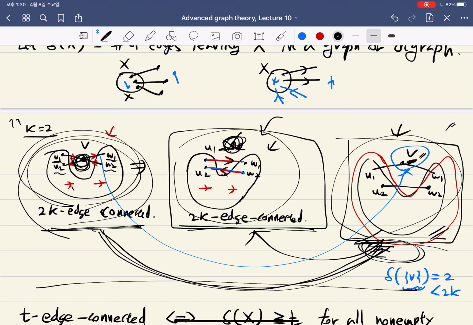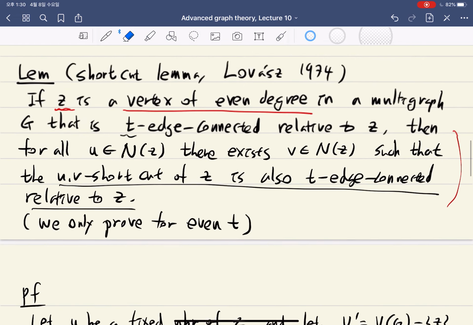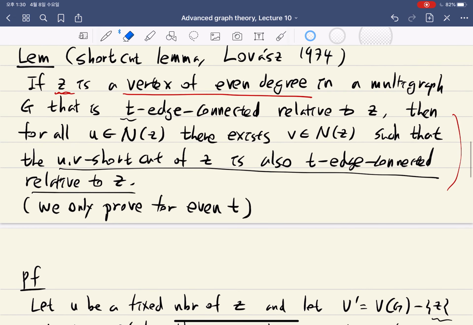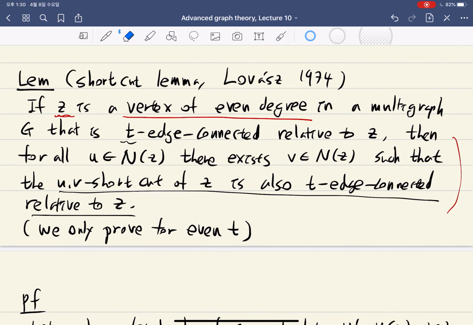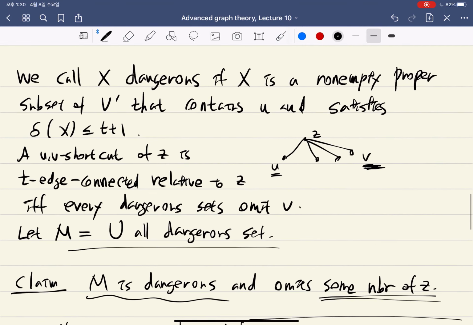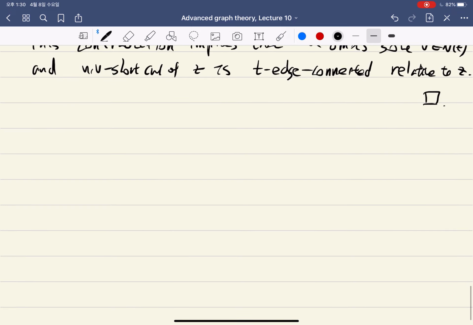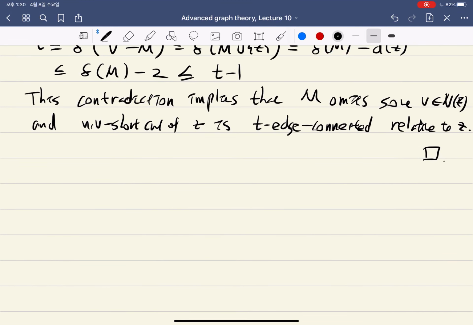So we have to be able to find a vertex with even degree so that we can keep doing this. Otherwise, at the end there is one edge, and this operation does not really give you anything. And in this shortcut lemma, also G is a vertex of even degree. So for that, we need to prove this.